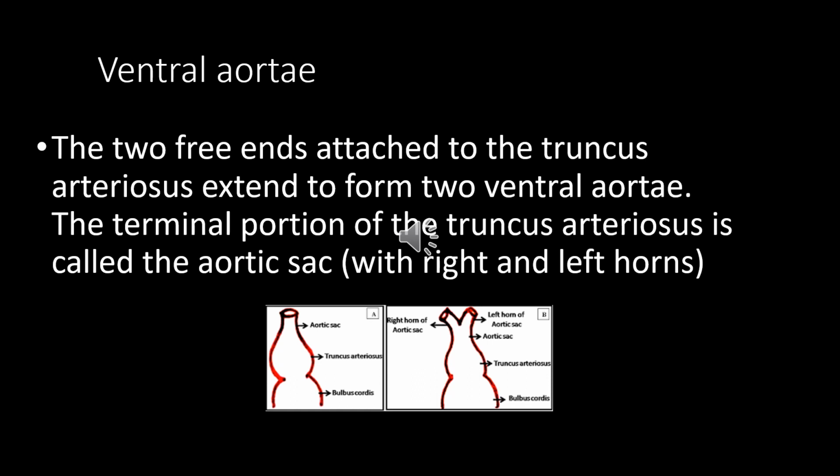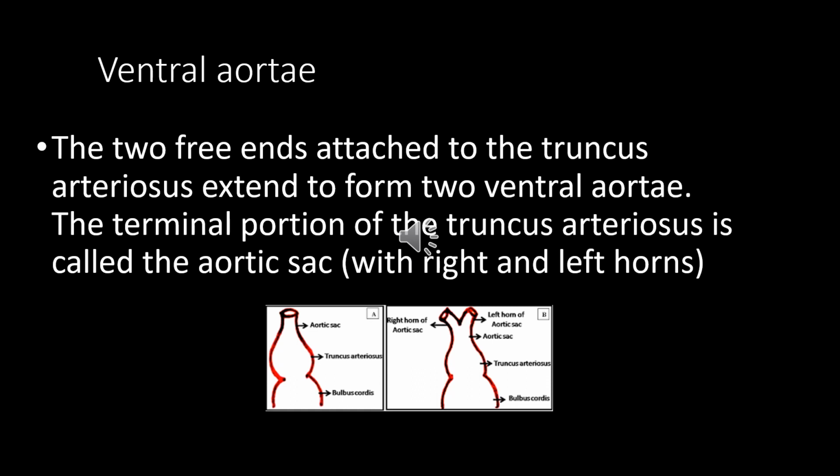Coming to the ventral aorta, it is nothing but the further extension of the truncus arteriosus. So there are two ends of the truncus, as we can see on the right side of the diagram, which will be called the right and left horns, and which spring from the distal portion of the truncus arteriosus.